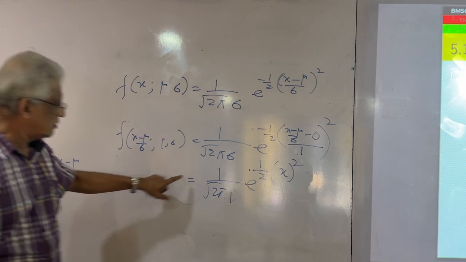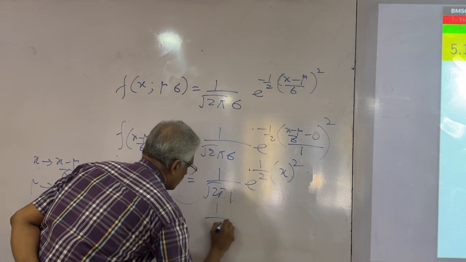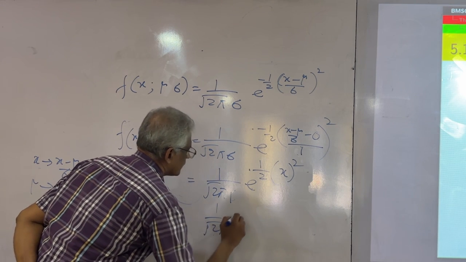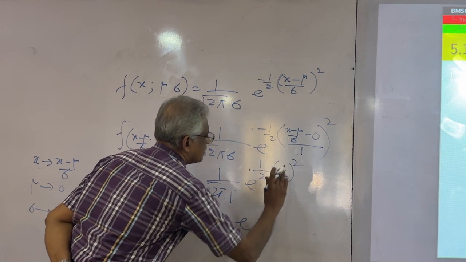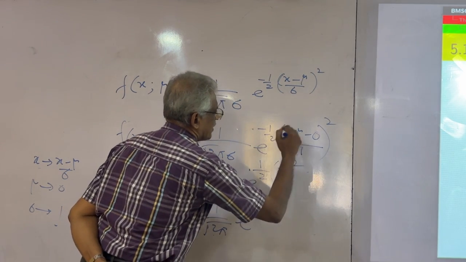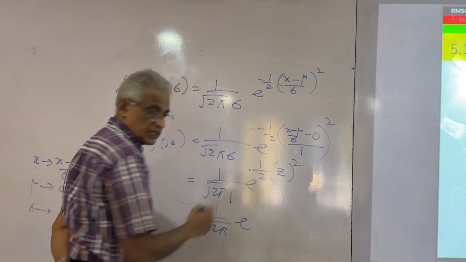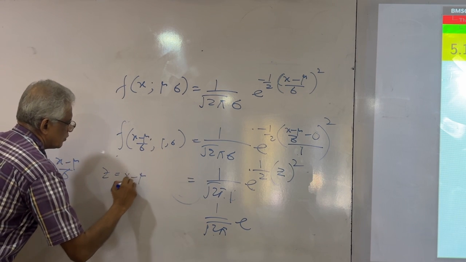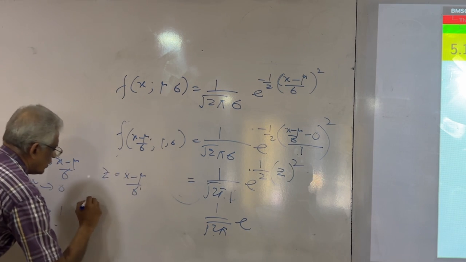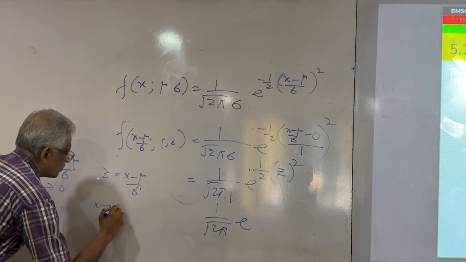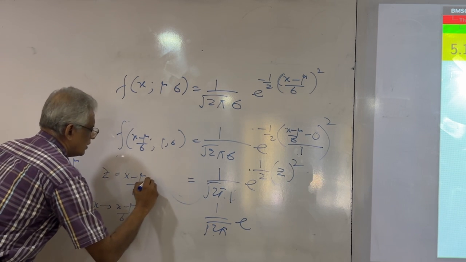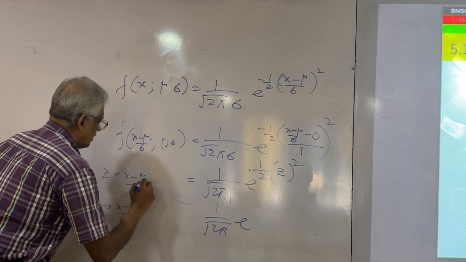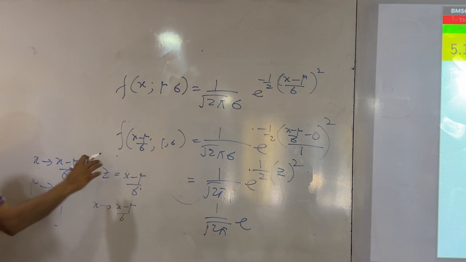This will then be 1 over root 2 pi e to the power, in this case actually this is Z, right? X minus mu over sigma is not x, it is Z. Z is equal to x minus mu over sigma. So if x goes to x minus mu over sigma, for Z the mean is 0, for x the mean is mu.